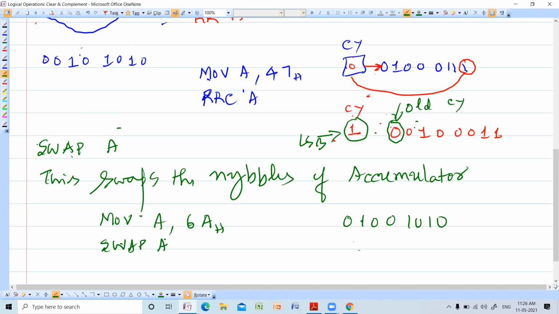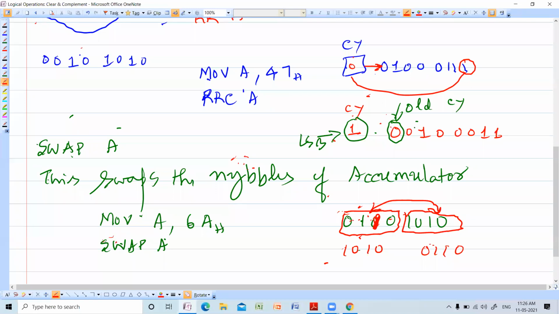After SWAP A, these two nibbles will be swapped. You are going to get A here, and here you are going to get 6. So after swapping, you are going to get A6.